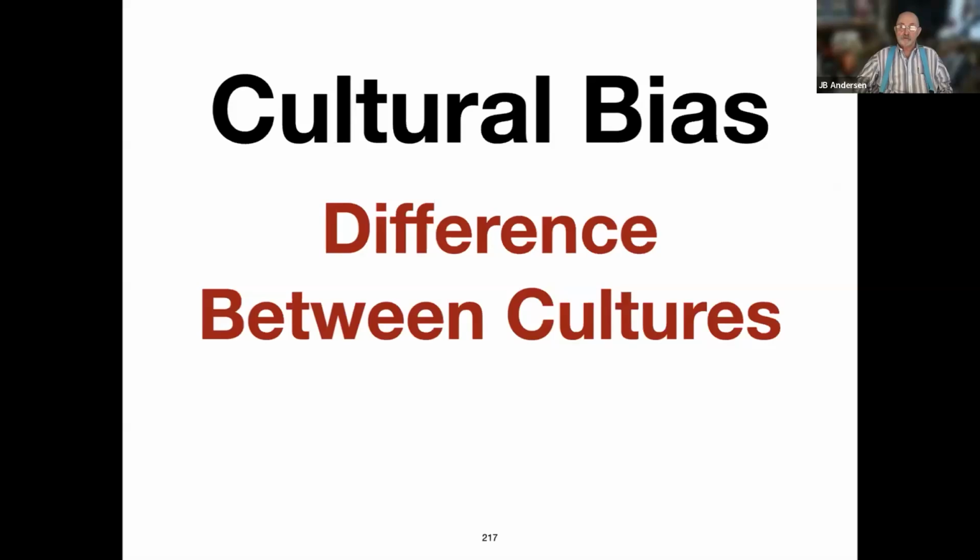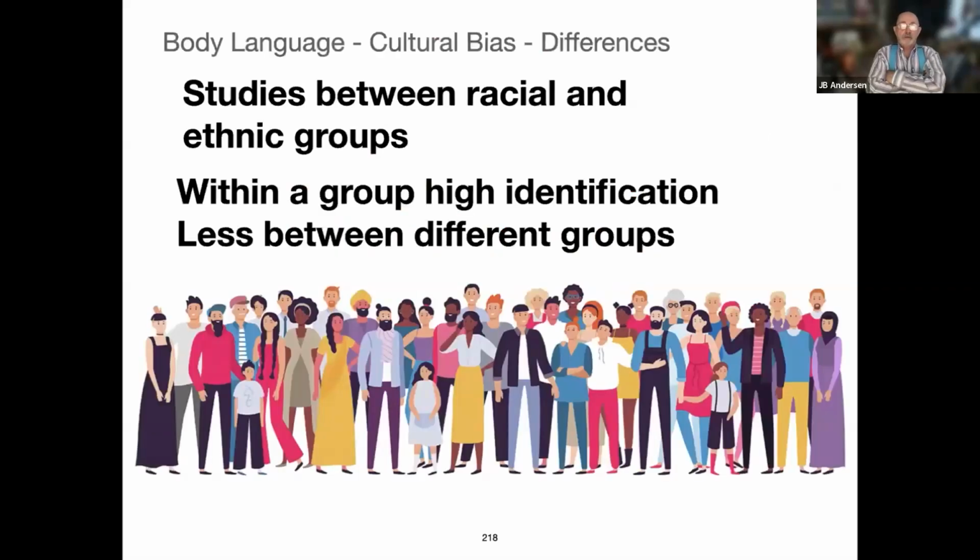Difference between cultures. Let's take a look at some of that. Racial groups, we have Asians, Africans, Europeans, etc. And ethnic groups, too. We have Jews, Christians, we have other ethnic groups. Even within Judaism, you have conservatives that dress in a different way and handle their food differently from the more progressive Jews.